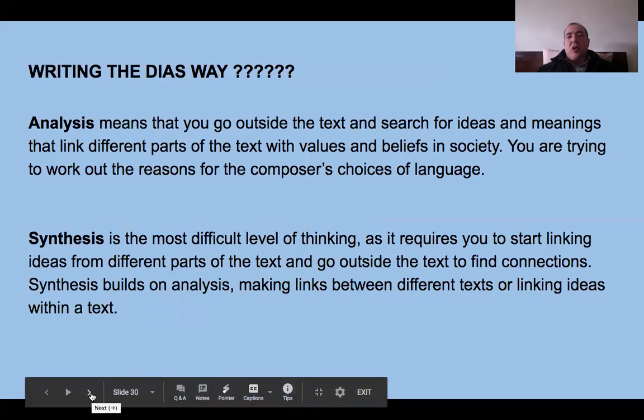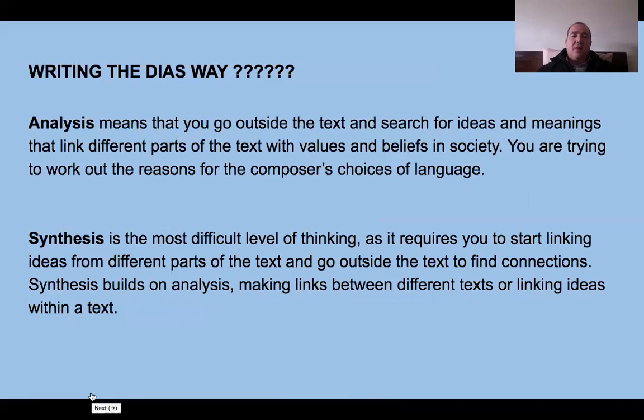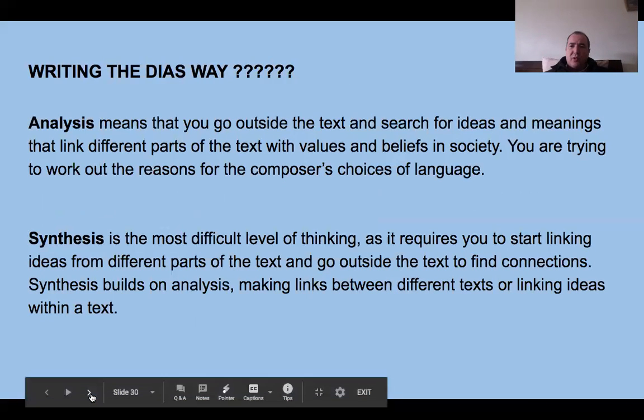Analysis means that you go outside the text and search for ideas and meanings that link different parts of the text with values and beliefs in society. You are trying to work out the reasons for the composer's choices of language. The why has he or she chosen this particular way of communicating to express the ideas in the text.